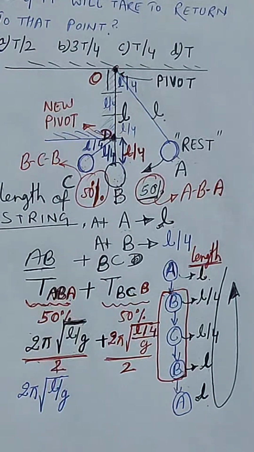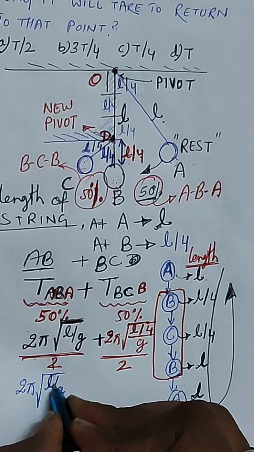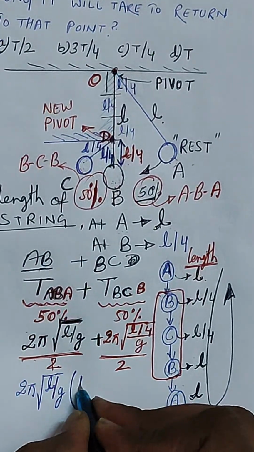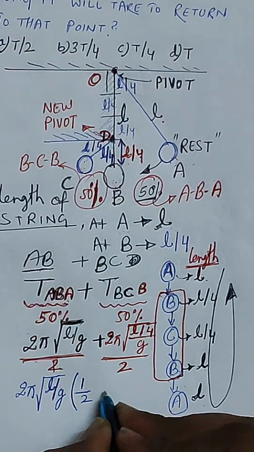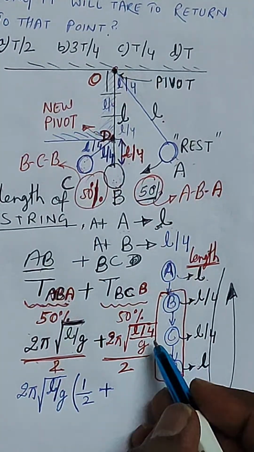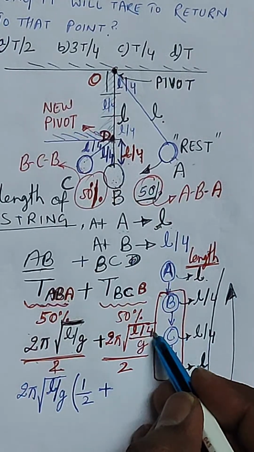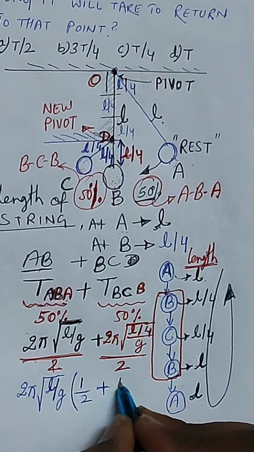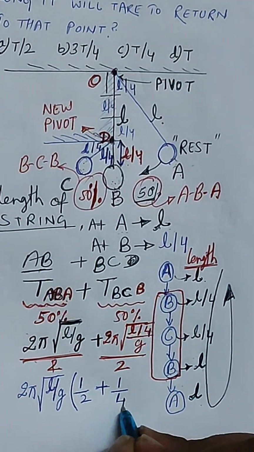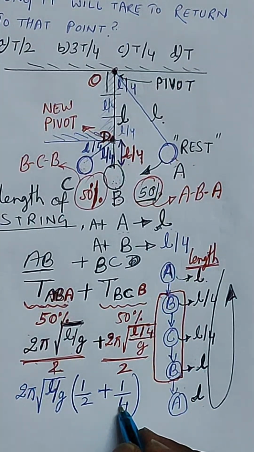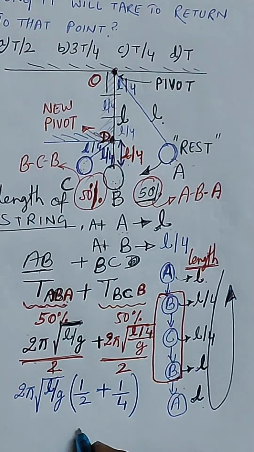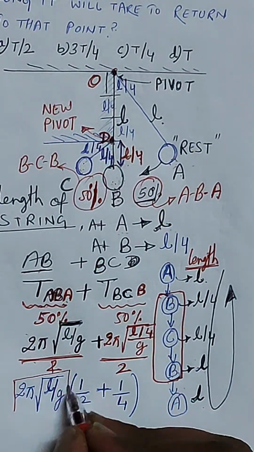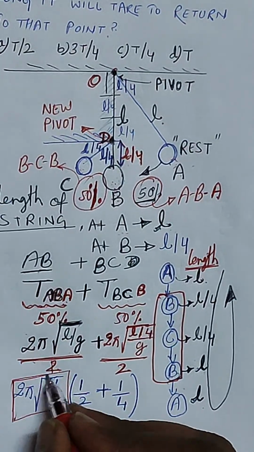So we can say 2 pi root under L by G when it is taken as common, then under the bracket we are left with 1 by 2 plus 1 by 4. Here 2 is coming out; 2 multiplied with these 2 becomes 1 by 4. Right? And when you simplify it, 2 pi root under L by G is nothing but your normal time period of the oscillation.